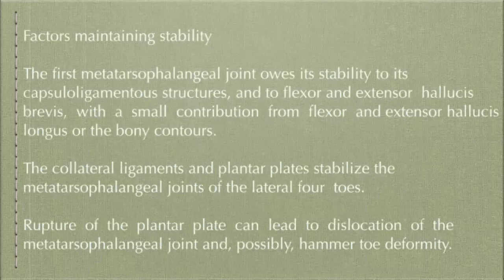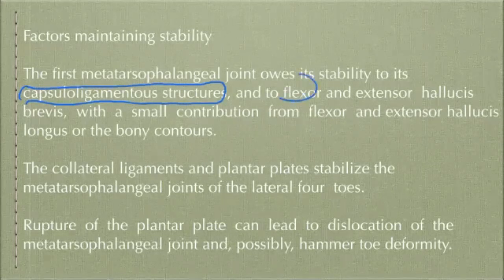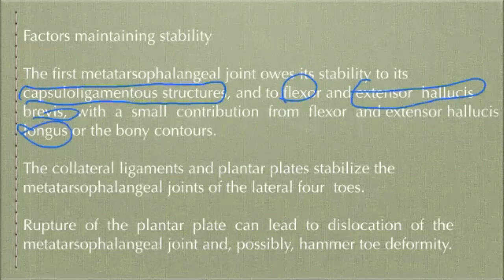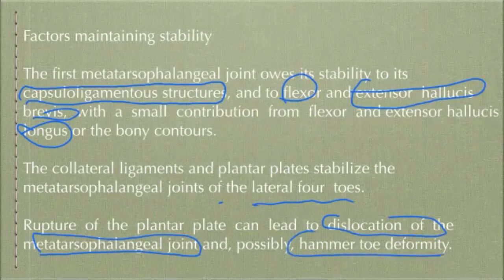The stability is given by the capsuloligamentous structure and the tendons of the flexor and extensor hallucis brevis and longus. Collateral ligaments and plantar plate stabilize the metatarsophalangeal joints of the lateral four toes. Rupture of the plantar plate can lead to dislocation of the metatarsophalangeal joint and possibly hammer toe deformity.